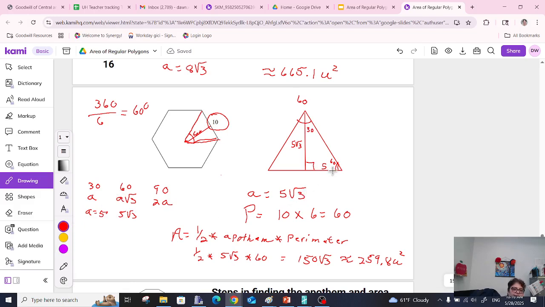Across from the 60 would be a square root 3. Since a is 5, you would put 5 square root 3. Remember from previous work? Now do we understand? You thought you could forget the special triangles after the test, and you can't because we use it again. Make sense now? Can I move on to the next one?